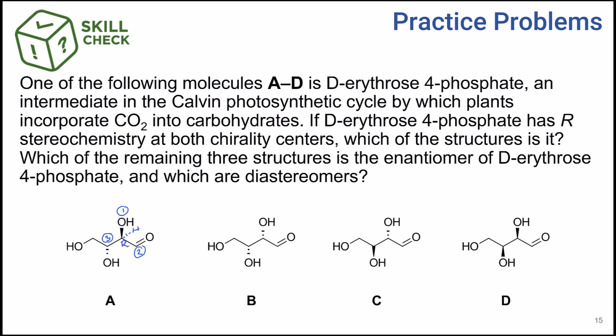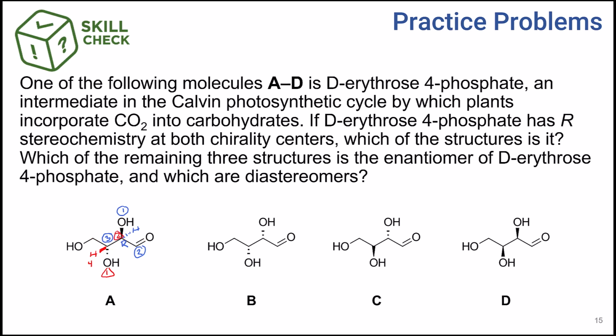And then now I have to do the second stereocenter because it has to have R at both chirality centers. There's a hydrogen here that is forward, so that's going to be my 4. I'm going to do it normal and then switch it. So this one will be 1. I have a C to an O, with a C to the carbonyl, and then a C to an O. So this is going to be carbon 2.